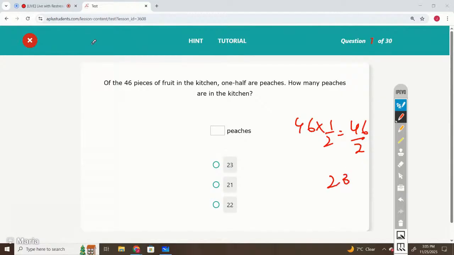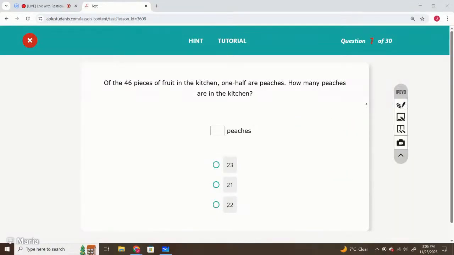So that is 23. The correct option is option number 1. That is 23.